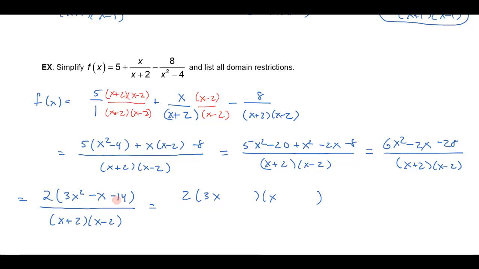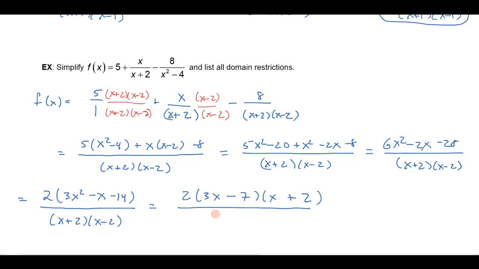Let's see, I'd get probably 7 and 2. Oh, look at here. If I were to put a 7 here and a 2 here, that would give me 6x and 7x, and that might end up with a negative x. So let's try our signs here. If I were to put a negative on the 7 and the plus on the 2, that would give me 3x squared and 6x for the outers, and minus 7x makes minus x here, and then minus 14.